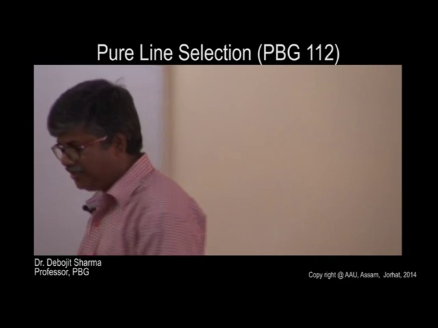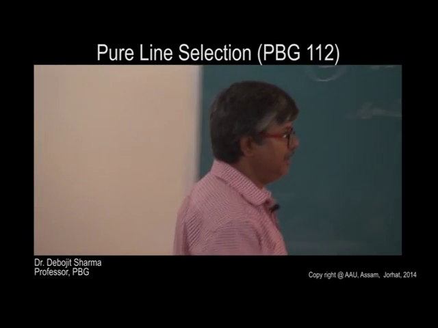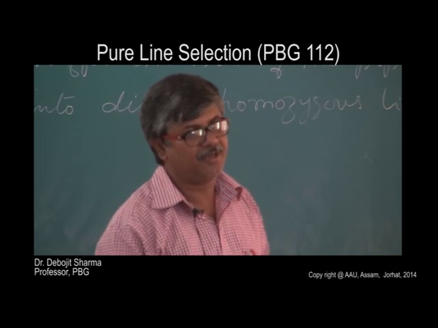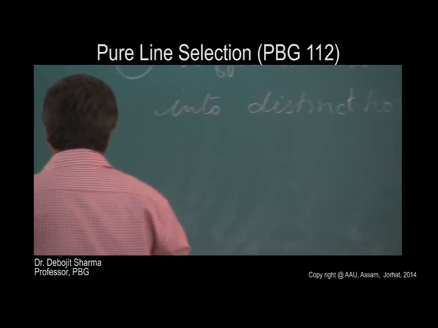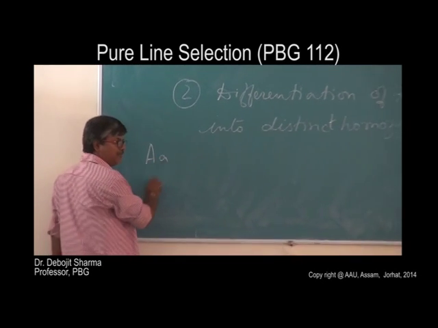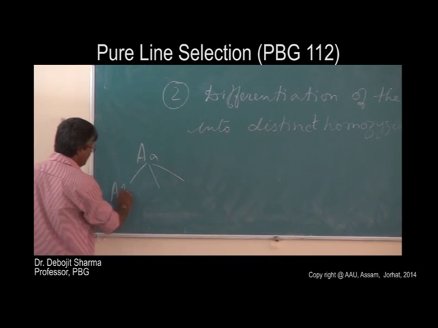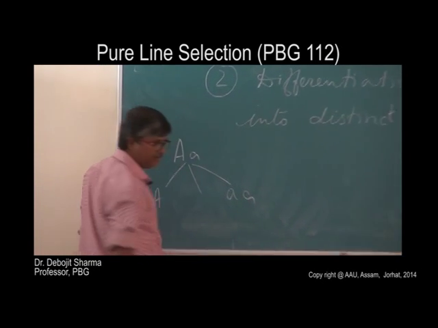That has already been discussed. If we consider a single locus, after the first generation of selfing, there will be capital A and small a.